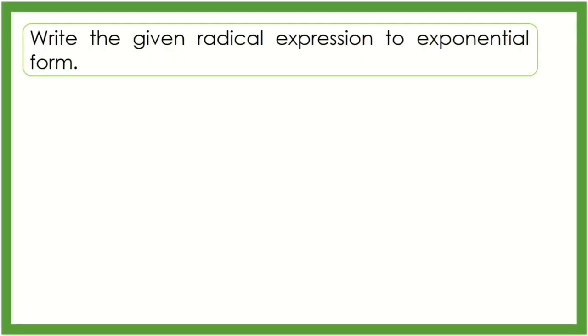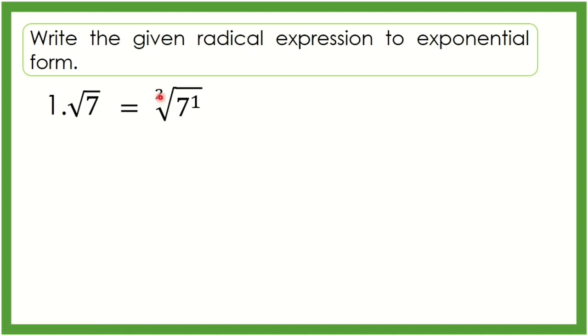Okay, let us now write the given radical expression to exponential form. So, baliktad naman to. Mula naman sa radical form, gagawin naman natin siyang exponential form. Okay, so number 1, we have the square root of 7. Laging tandaan na yung ating index, siya yung magiging denominator, and then yung exponent ng nandito sa loob ng ating radical symbol, yun yung magiging numerator.